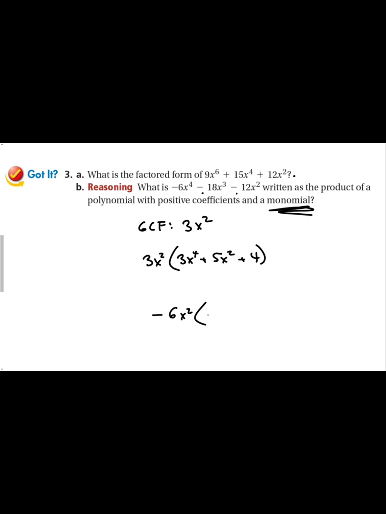Now that would give me a positive x squared plus 3x plus 2. And you can see that if I were to distribute this back, if I were to multiply the negative 6x squared times these three terms, I would get my original expression back again.